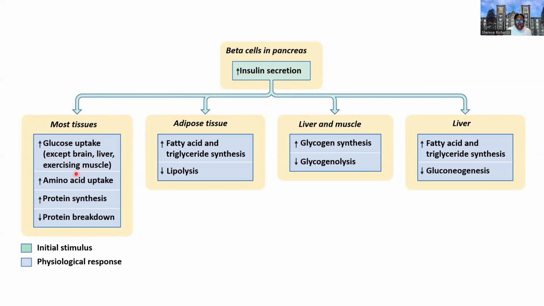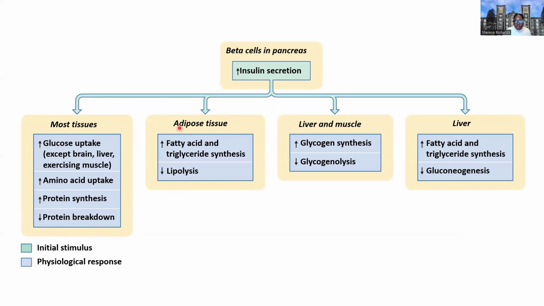So there's an increase in glucose uptake, an increase in amino acid uptake, an increase in protein synthesis, and a decrease in protein breakdown. This is how the body uses what it needs, stores the rest, and turns off the catabolic processes. The processes of breaking these things down will be turned off in favor of anabolic processes.